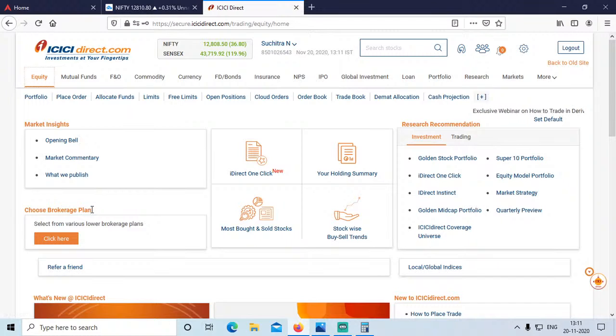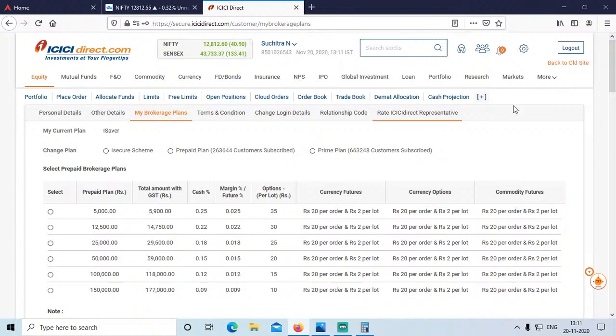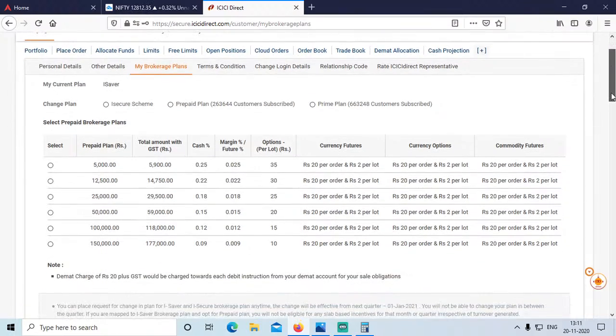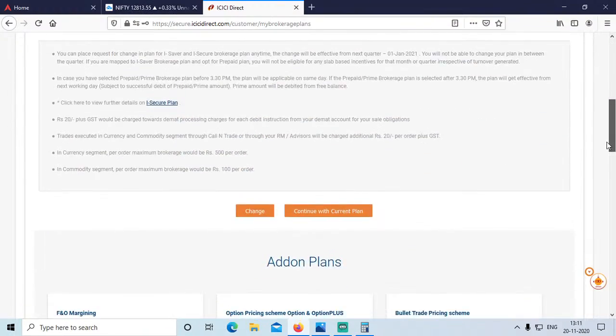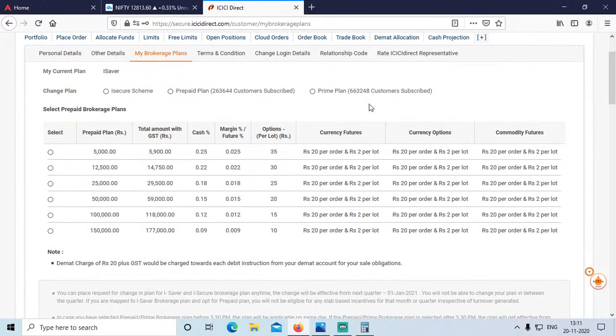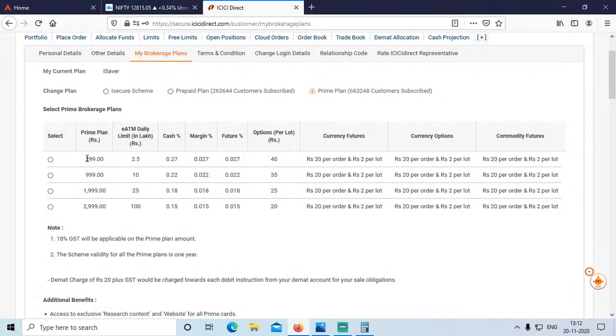Here a choose brokerage plan will be there. From here just click here, and after that it's better you choose a prime plan of anything. I already gave a demo of the prime plan, what is the benefit of 299 and all those things.